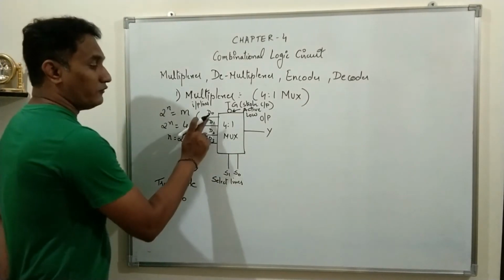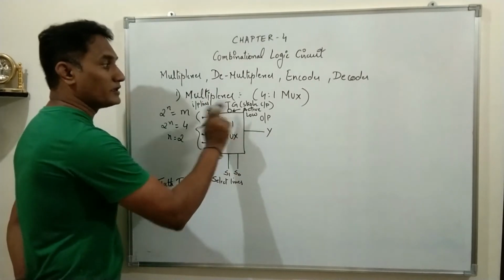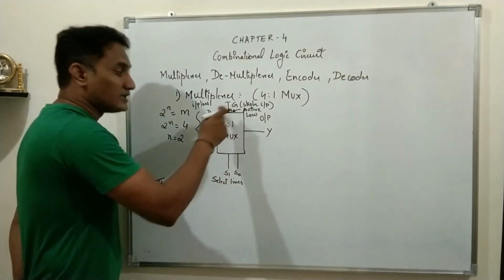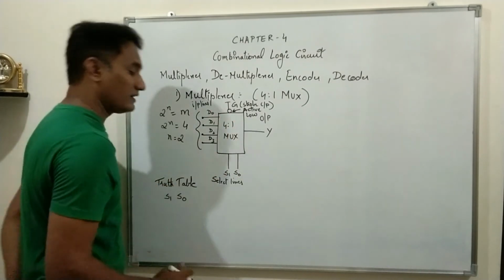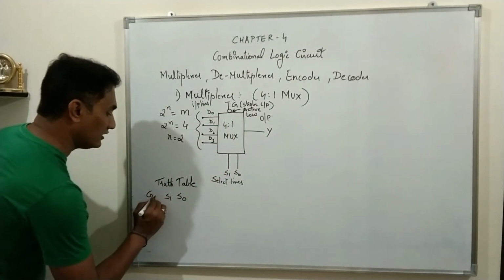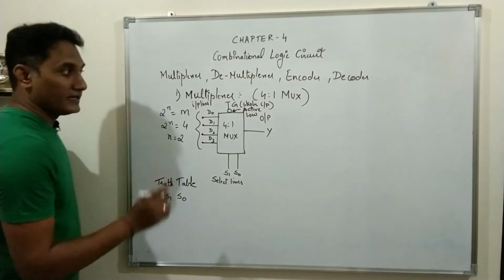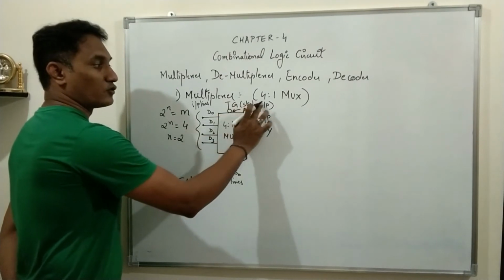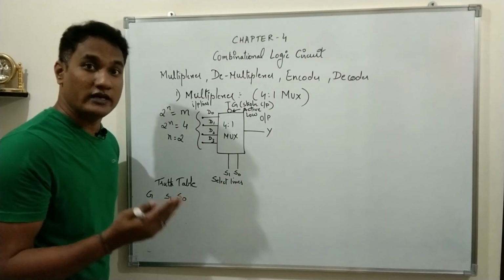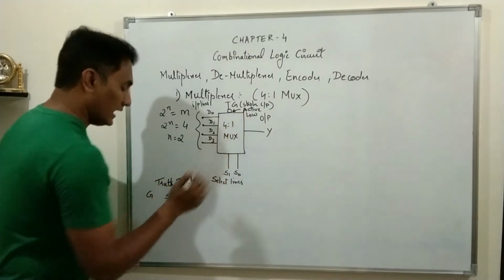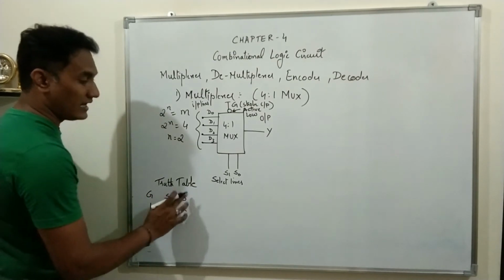So which input will be transferred to the output? Of course it will depend upon select lines. It also depends upon the strobe input, which is the enable of this entire logic circuit. So now we have three control inputs, G, S1, S0. As I said, G, the strobe input, is active low. That means it will enable the chip only when it goes 0. So if it is 1, we don't care about the condition at S1 and S0.